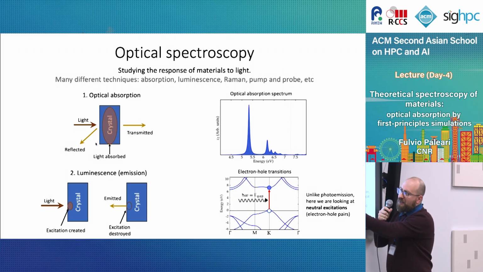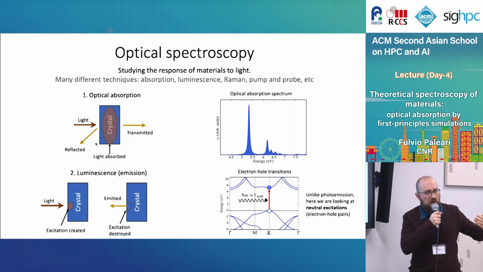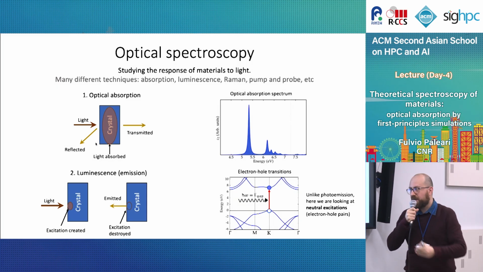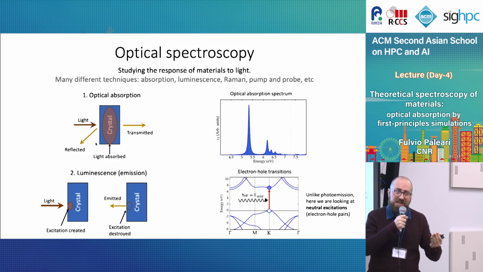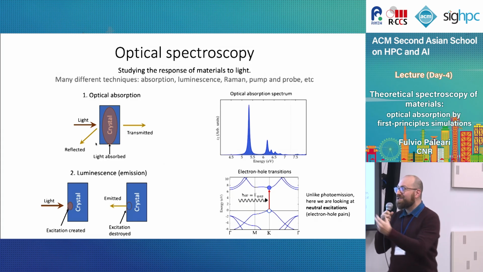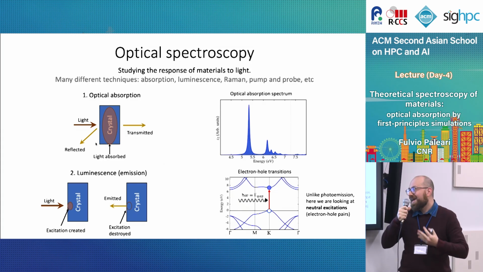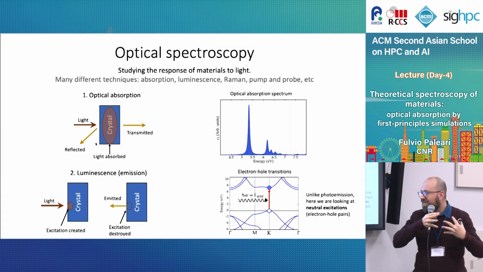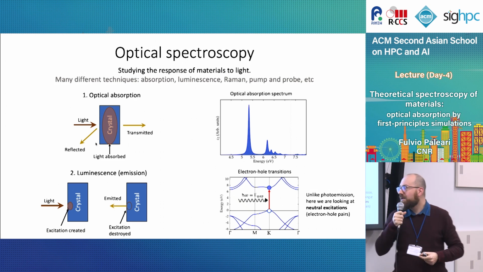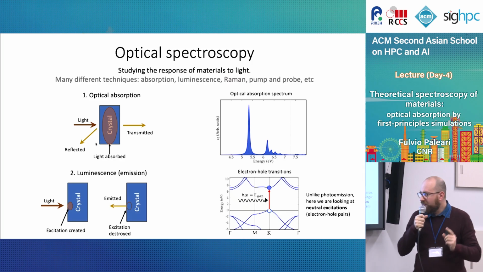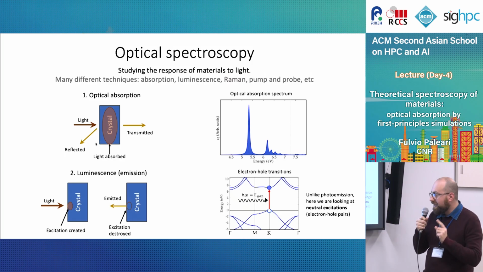So these are understood as electron-hole transitions, okay? Since the hole has a positive charge and the electron has a negative charge, these two are not independent, and in principle, they can feel each other through electrostatic interaction, right? And this is where we will go in the next slides.